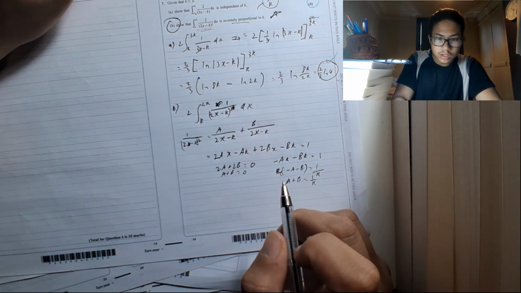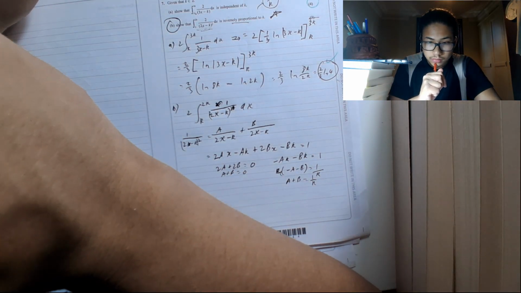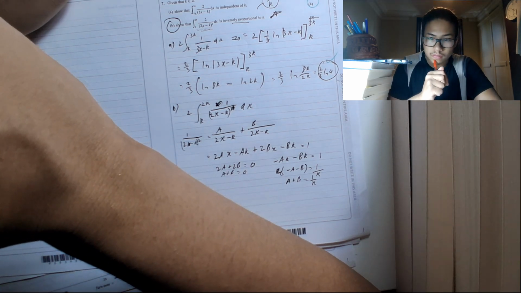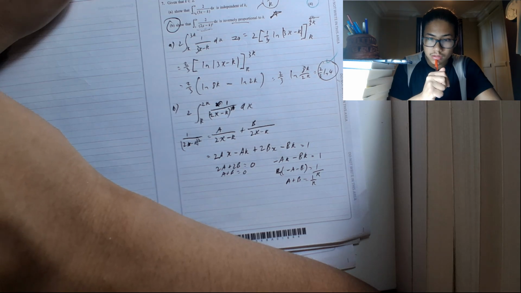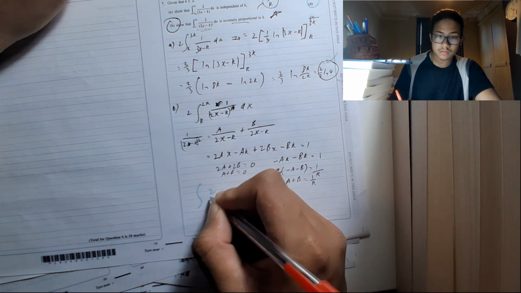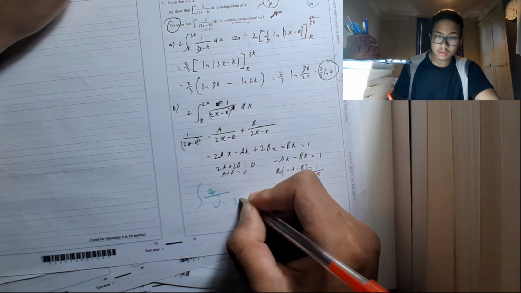They did do partial fractions? What did they even do? They did partial fractions, but no, they didn't. Did they just do a substitution? I don't get how they did this, but they just did the integral of 2. Oh, it's just u equals 2x minus k.